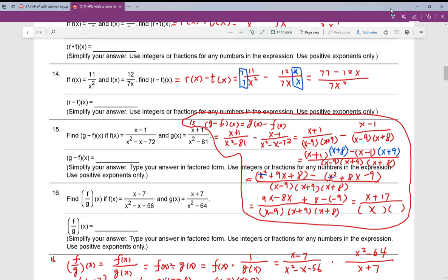Number 14, subtraction. Subtraction is a little harder because when the denominators are different, you are not supposed to directly combine them. So you need to find the least common denominator.